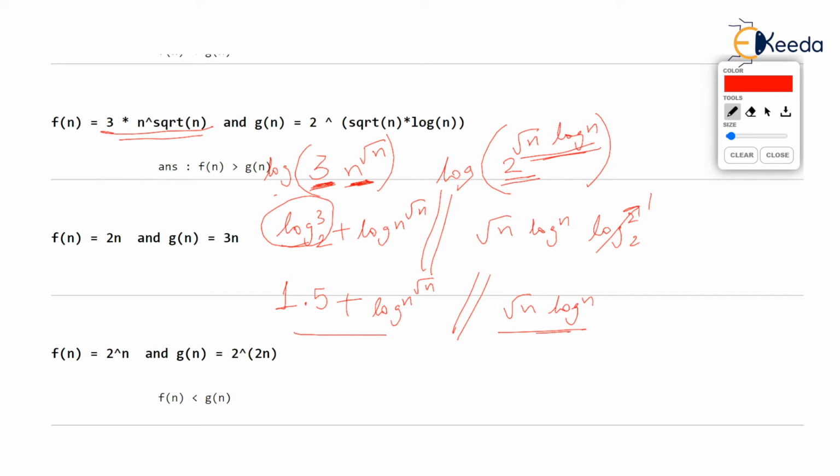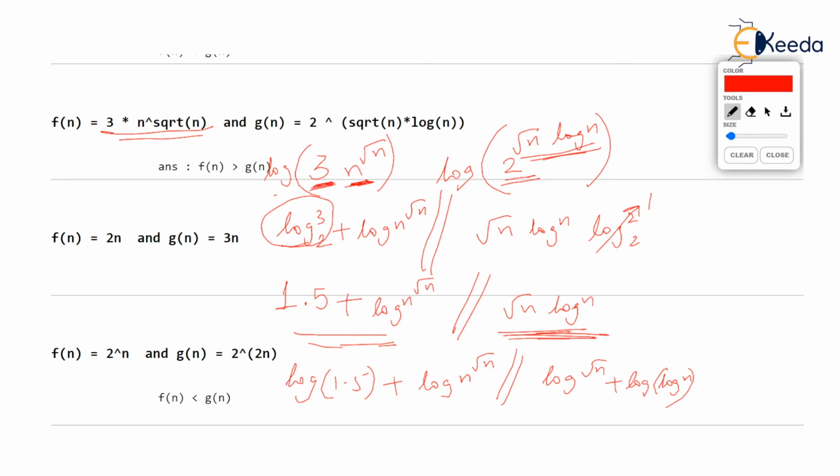Now, by the way, what if you take log on both sides over here again? Then you will get log of 1.5 plus log of n raised to root n, and you will get log of root n plus log of log n. I have directly written this because this is a into b, isn't it?